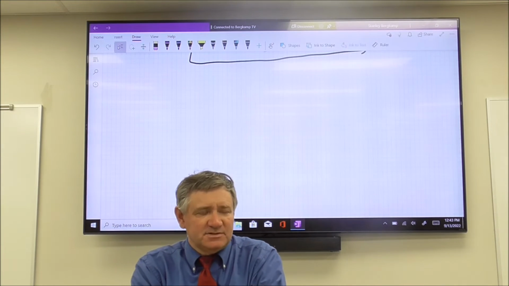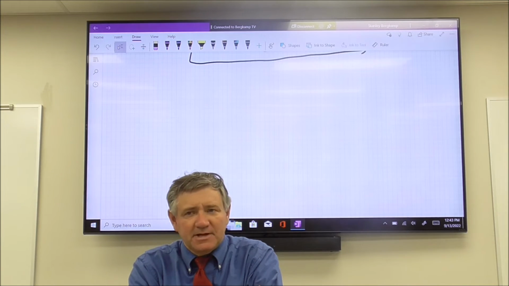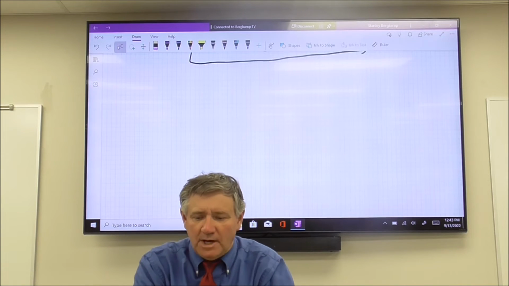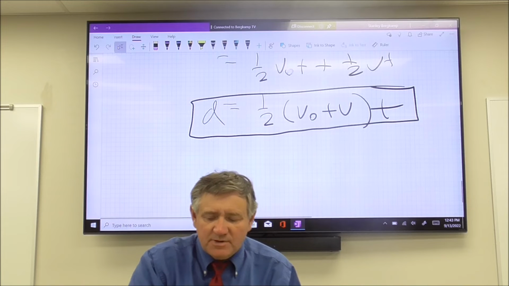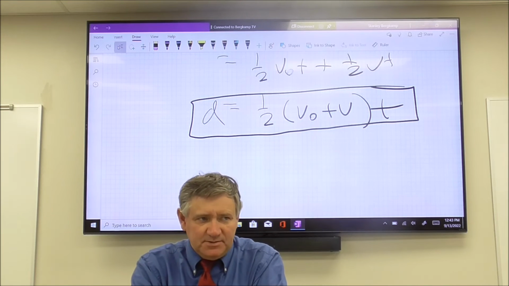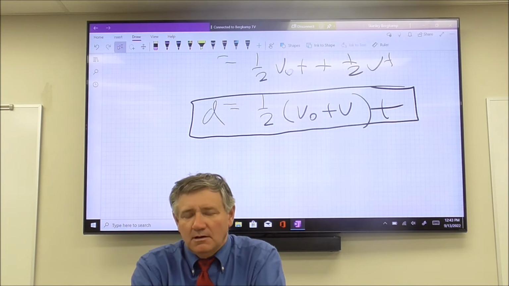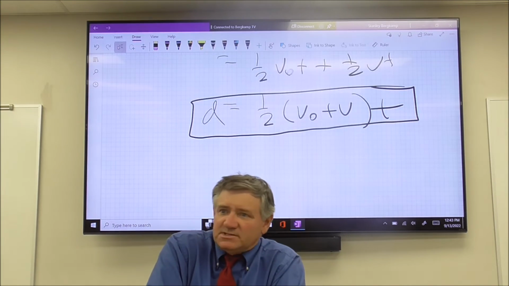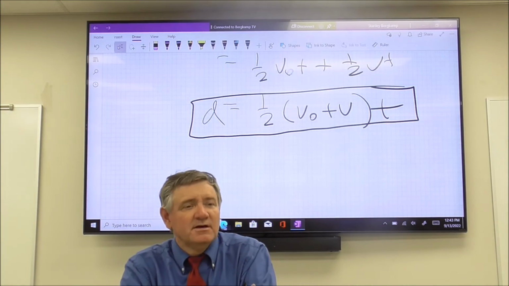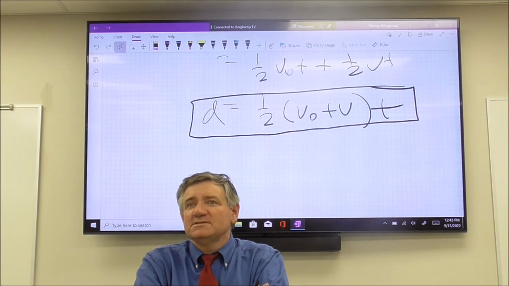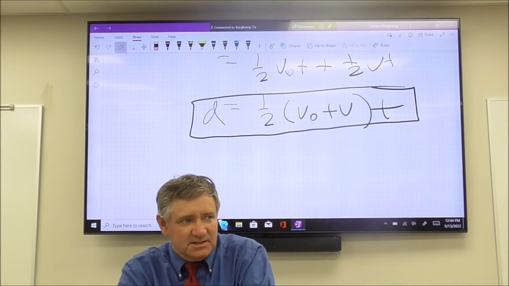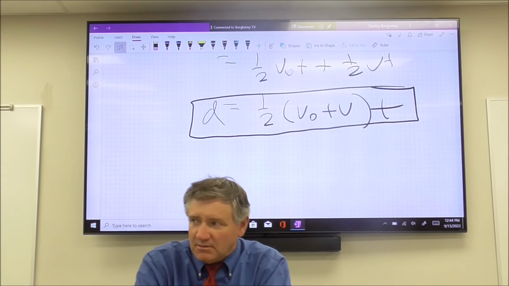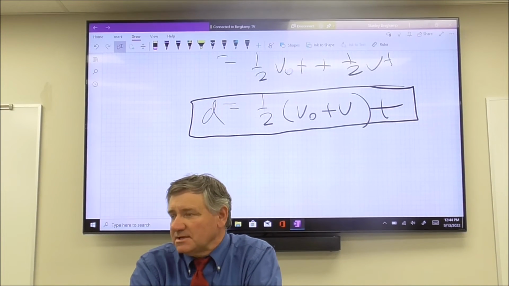How would you find the average of the two scores? Add them together, divide by 2, right? So when I take V naught plus V and divide by 2, what am I finding? Average. I'm finding an average velocity. That's all I'm doing. So don't flip out and go, where does that 1/2 come from? It's an average velocity of two values. That's all it is.